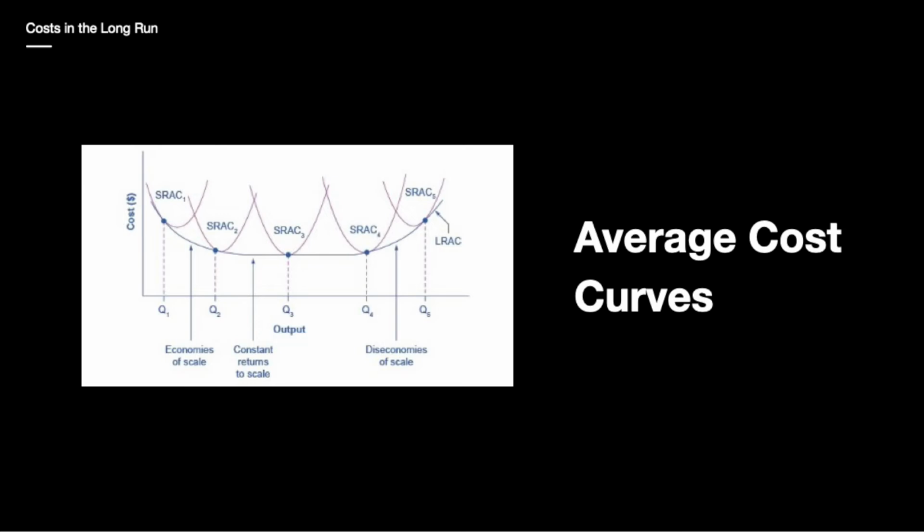The long-run average cost curve shows the lowest cost for producing each quantity of output when fixed costs can vary, and so it is formed at the bottom edge of the family of the SRAC curves. If a firm wished to produce quantity Q3, it would choose the fixed costs associated with SRAC3.